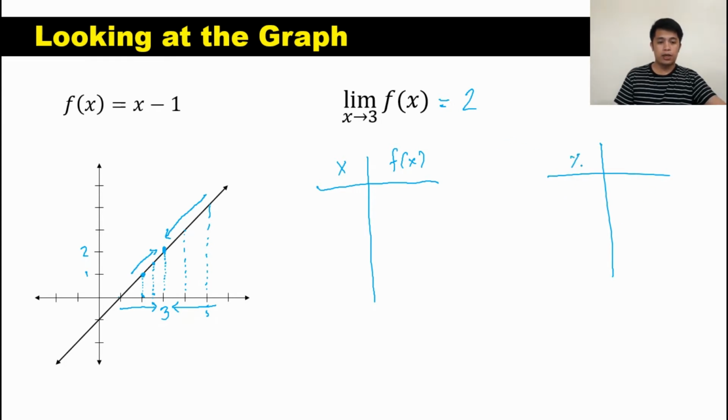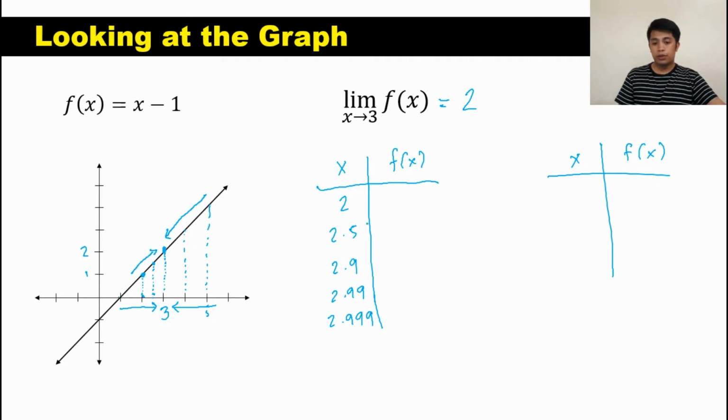These are called one-sided limits. The values approaching 3 from the left are 2, 2.5, 2.9, 2.99, and 2.999.